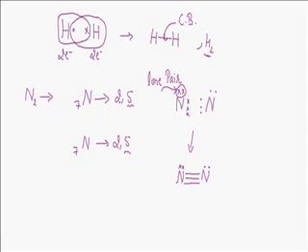On the other hand, we have 3 electron pairs also. This one is the second electron pair and this one is the third electron pair. These 3 electron pairs are responsible for these 3 covalent bonds between these 2 nitrogen atoms, and a pair of electrons which participates in bond formation is termed a bond pair of electrons.